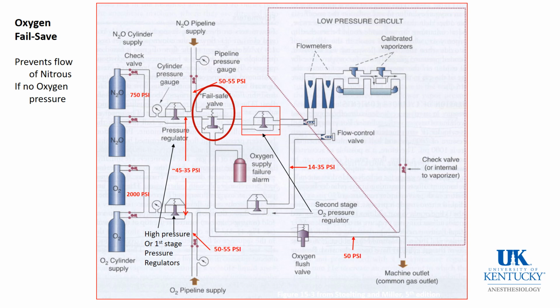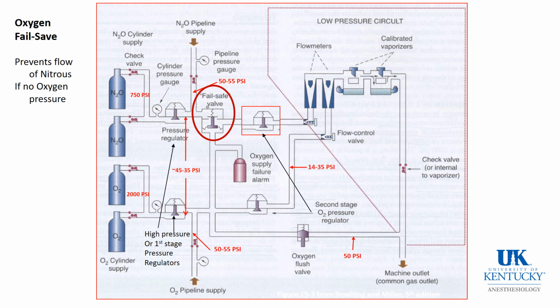This is the alarm system, and when the pressure goes below 14 to 35 millimeters of mercury, this alarm system sounds off, and it prevents any nitrous from coming into the system if there's no oxygen.